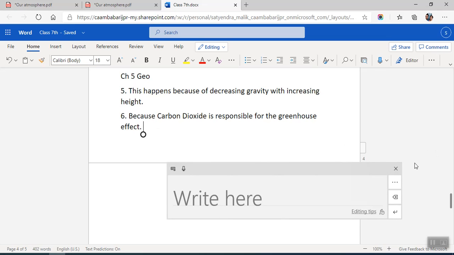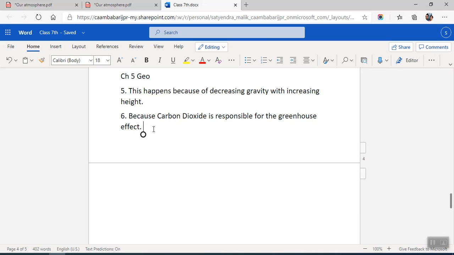Carbon dioxide is responsible for the greenhouse gas effect, and due to this property, it traps the sun's heat. So it traps the sun's heat, and that is causing the global warming.